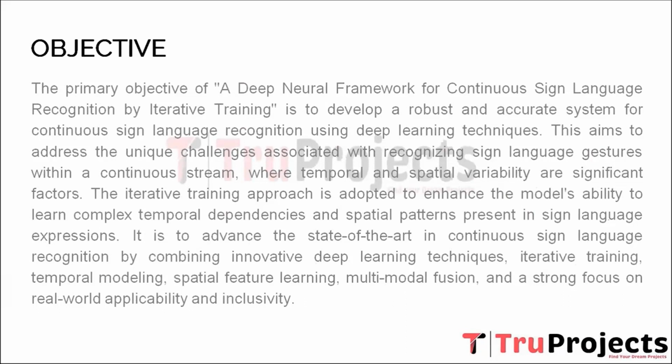Real-world applicability: a significant objective of the research is to ensure the developed deep neural framework is practical and can be applied in real-world scenarios. The system should be compatible with various devices and platforms, making it accessible and usable for the deaf community in their everyday communication needs.